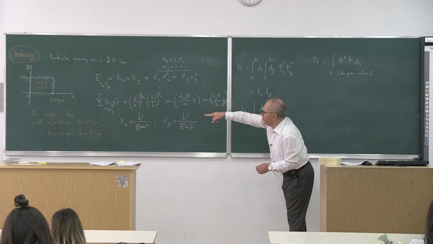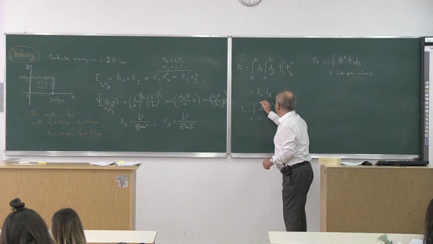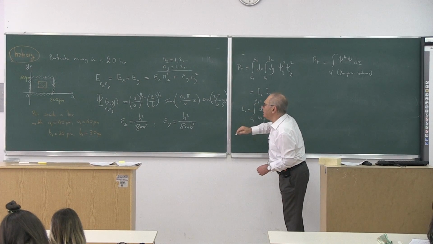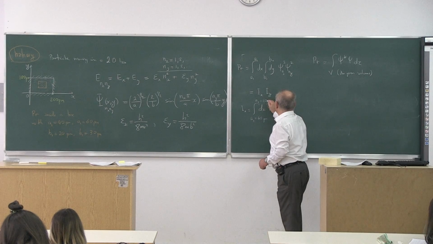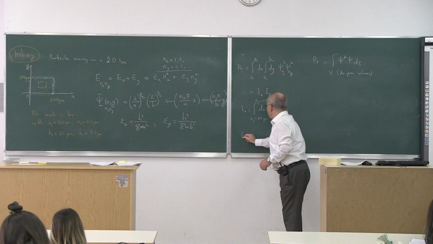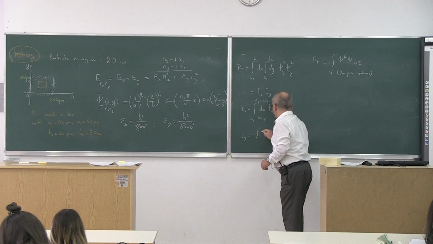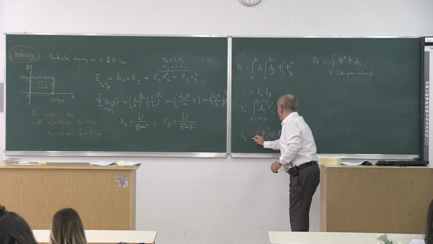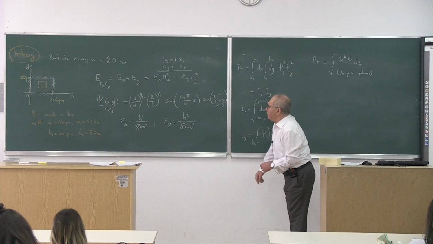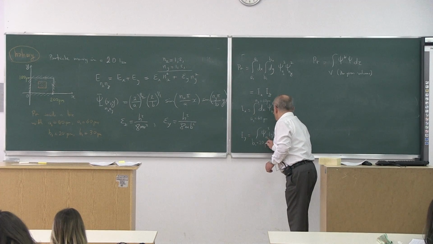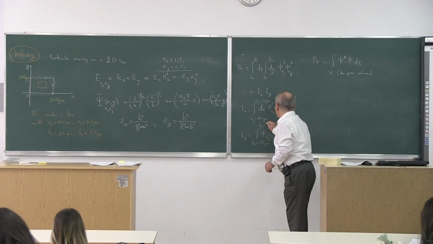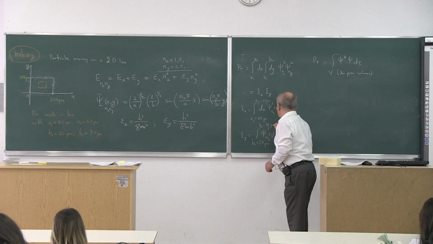What is A1? 40 picometers up to A2, which is 60 picometers. And the other factors for B1 is 20, B2 is 30 picometer.